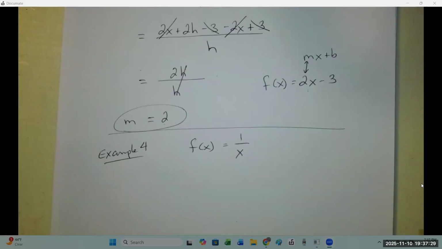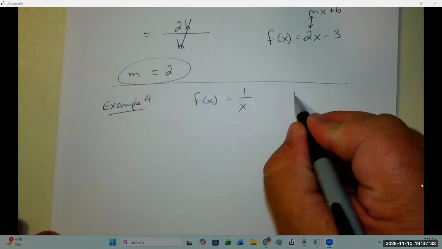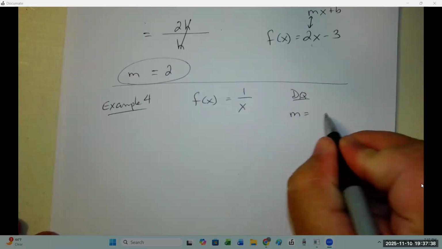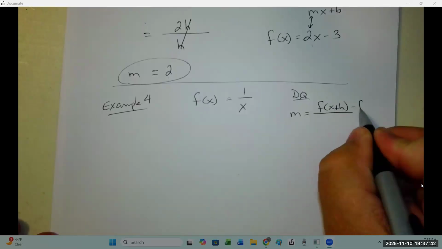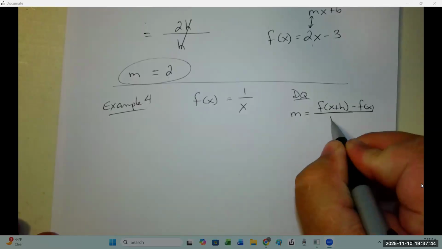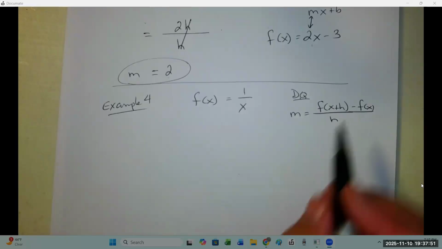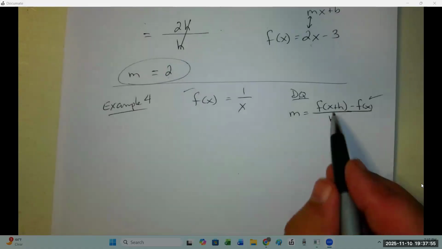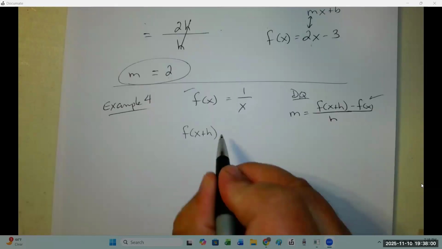It works for rational functions also. Remember, we have to use the difference quotient, which is f of x plus h minus f of x over h. So we have f of x, that's this one. Then we need f of x plus h.